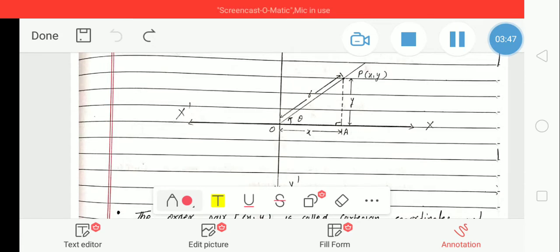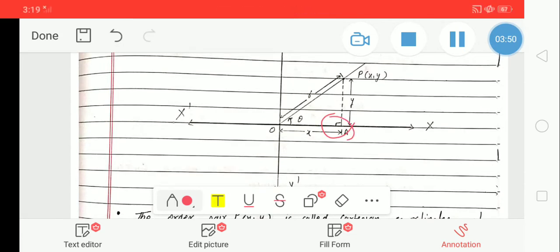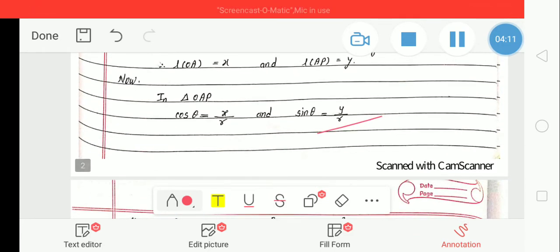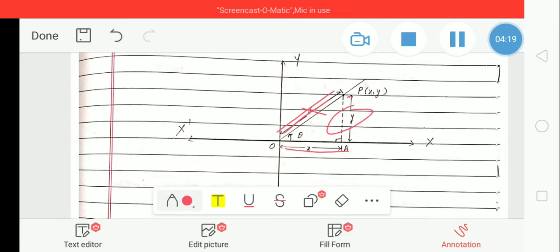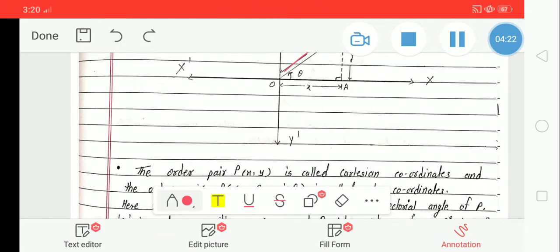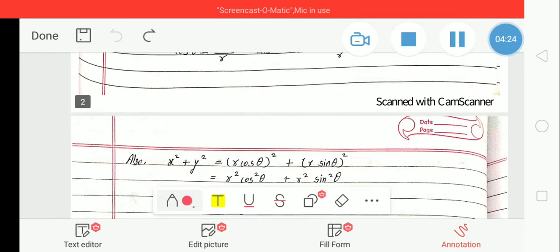Here the angle at A is 90 degrees, so this side is the hypotenuse, and with the angle at O, this is the opposite side and this is the adjacent side. So sin theta is y divided by r, and cos theta is x divided by r, meaning adjacent upon hypotenuse.